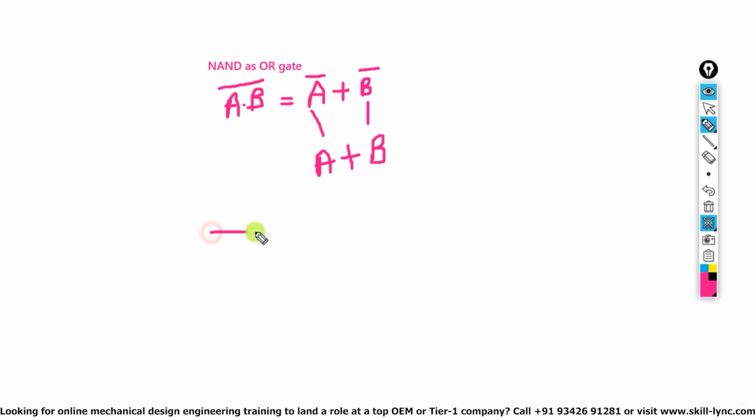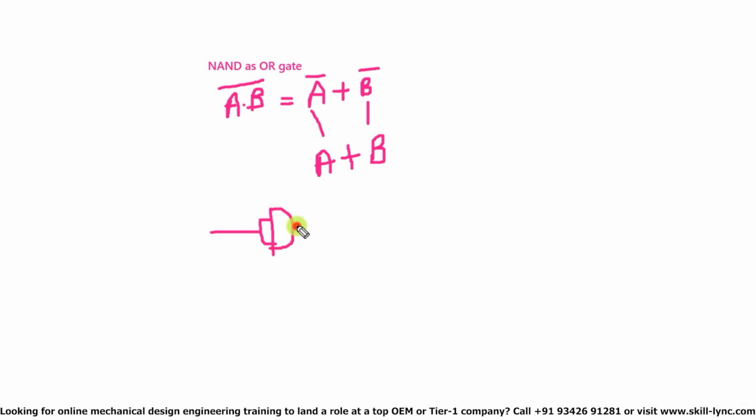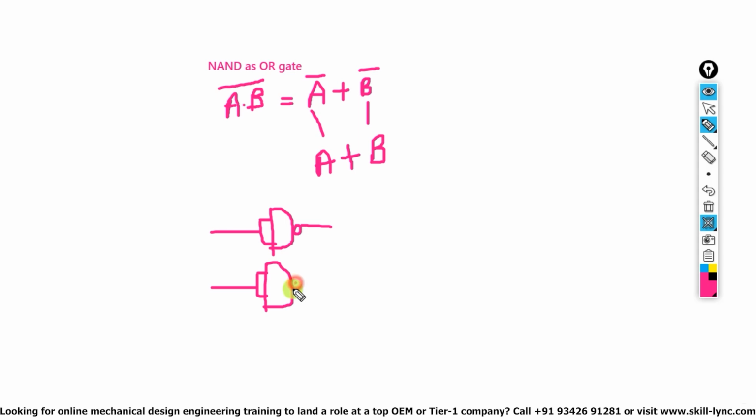So let's take an input and make it A bar. Then take the second input as B. So if it is A and if it is B, it will become A bar and it will become B bar. Now put a NAND gate of these two.